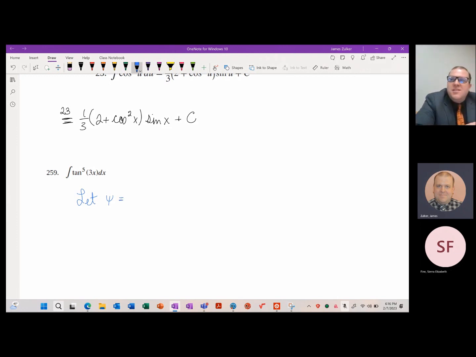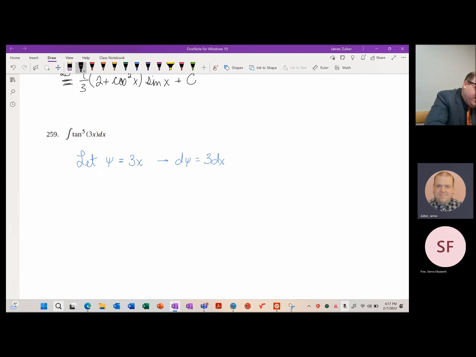Some people refer to that as the devil's pitchfork. Look up Schrodinger's equation. That's why I like psi. It allows us to write this as tangent to the fifth psi d psi.